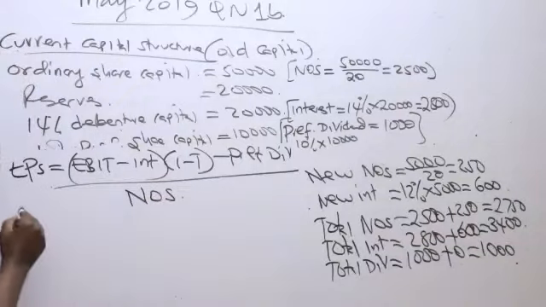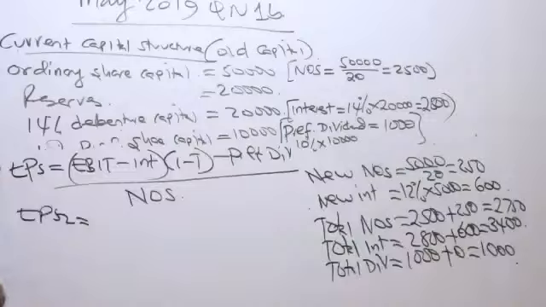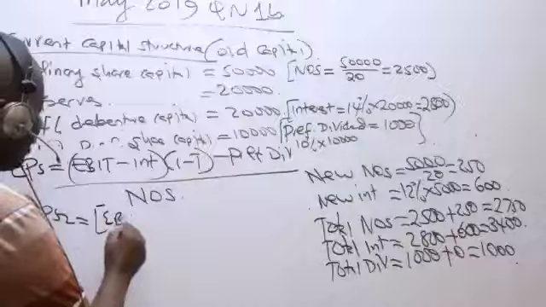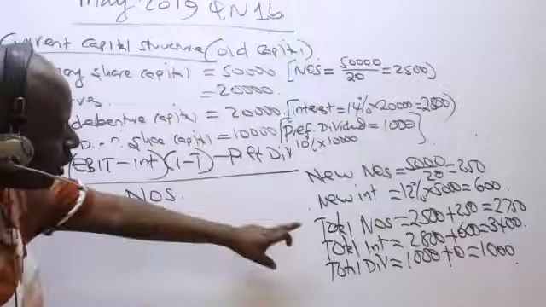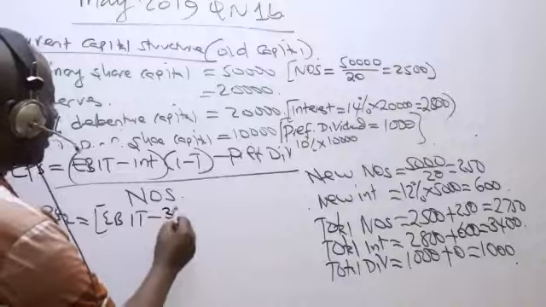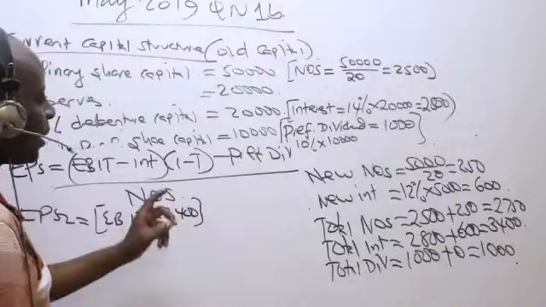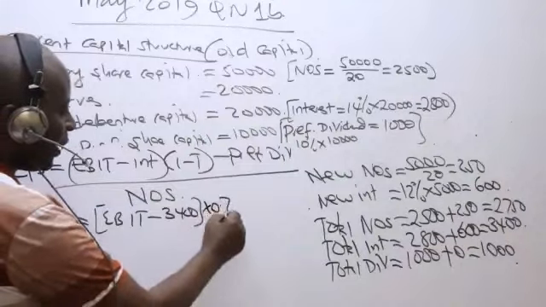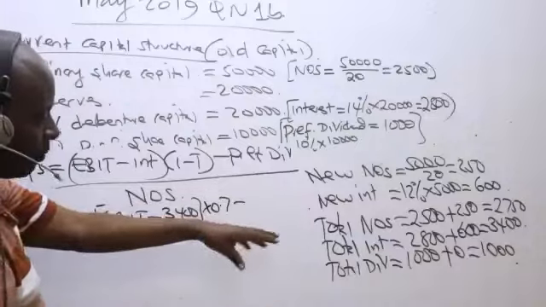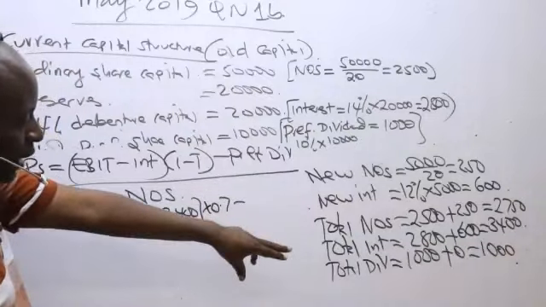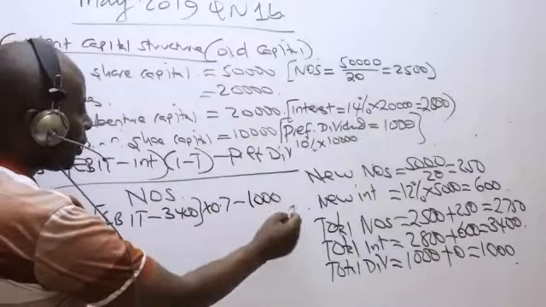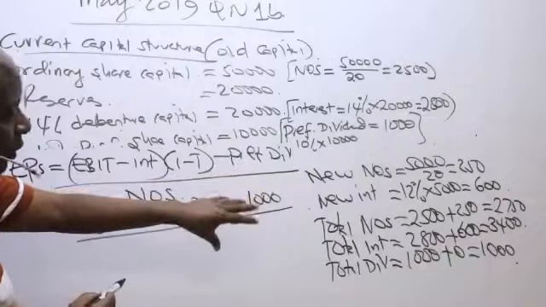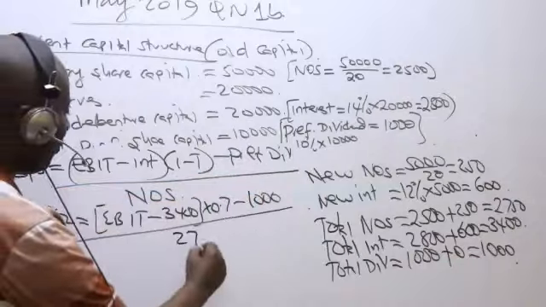So EPS2 will be equal to EBIT minus the total interest here, which is 3,400, times 1 minus 30%, which is 0.7, minus preference dividend, which is 1,000, all over the total number of ordinary shares, 2,750.